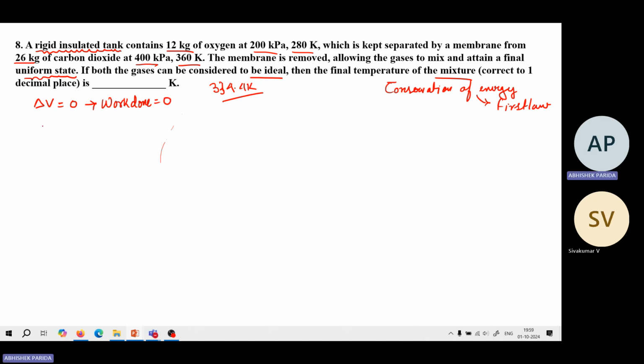Then the second thing is insulated. That means Q, heat transfer, is 0. And from the question you also get to know there is no external work or energy transferred. So you finally get that delta U is equal to 0, or the summation of U before mixing is equal to U after mixing.